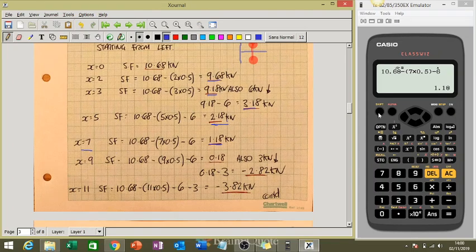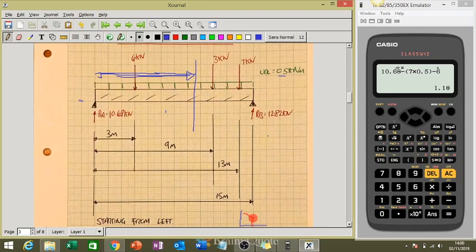I've gone to x equals 9 now, and as before I've got a force at x equals 9, so there's going to be 2 points again. So at x equals 9, get rid of all of this here. I've got this force coming up, because I'm here now, x equals 9.